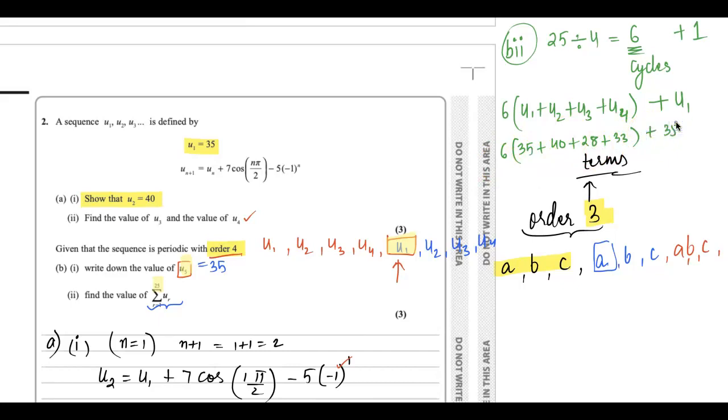You need to solve it quickly. 35 plus 40 plus 28 plus 33 is 136, and we have to times it by 6, that gives 816, plus 35, 851. It gives me 851.